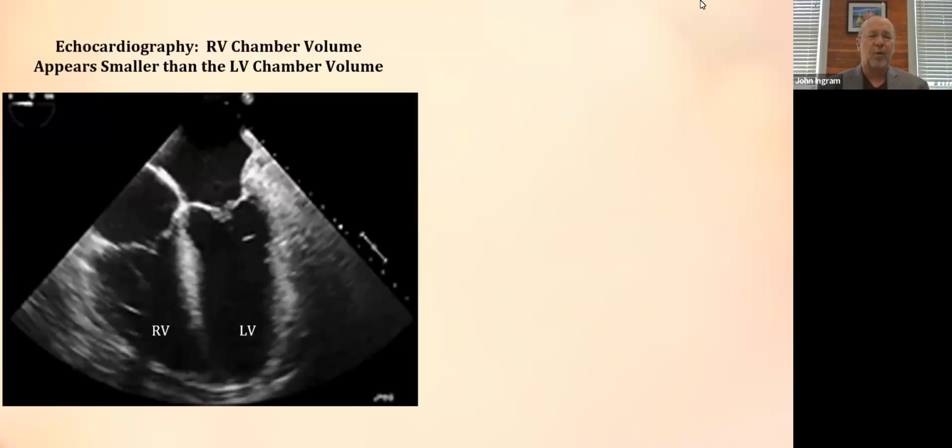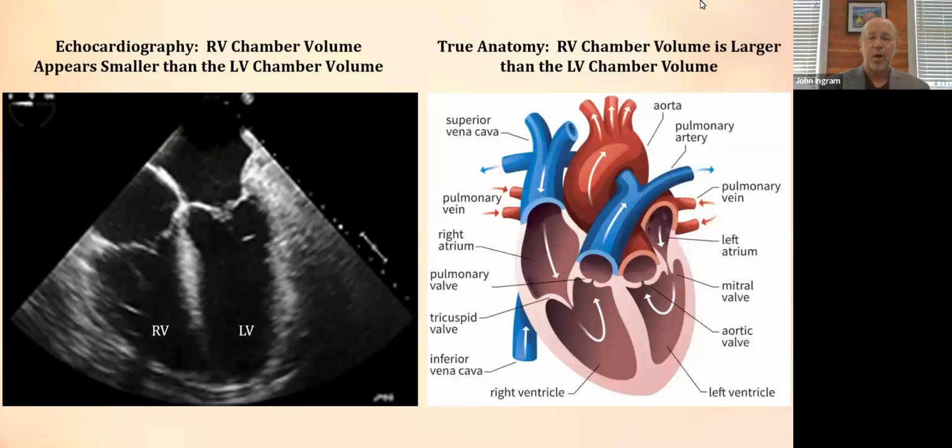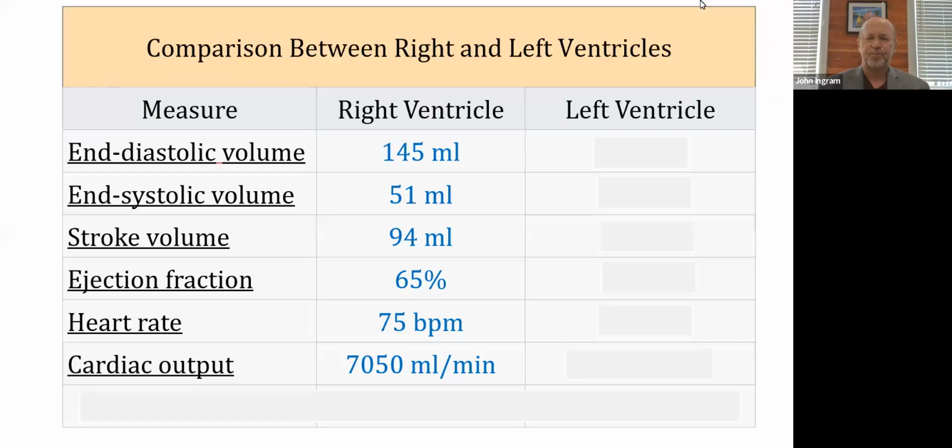But if you look at regular echocardiography on an image, the right ventricular chamber volume appears to be smaller than the left ventricular volume. Here it appears the left ventricular volume is quite larger. But in actuality, the true anatomy, the right ventricular chamber is actually larger than the left ventricular chamber, as you can see here in a proper diagram.